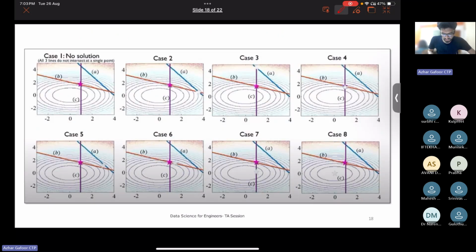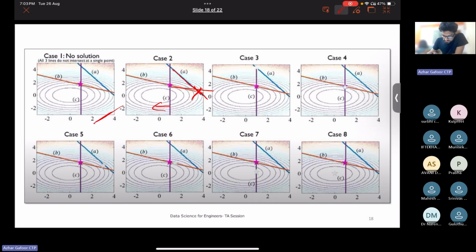So these are the different cases that we saw. The first case is that all three lines have to intersect at a single point, that is all the constraints are active. That is not going to happen, as we can see from the figure. In the second case, these two lines were active and this was the solution that we found, but it is outside our feasible region, so it is also not satisfying.